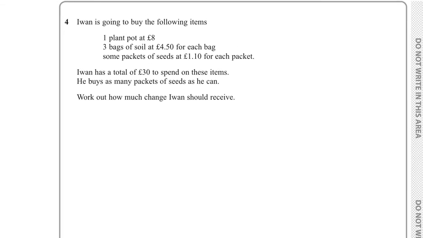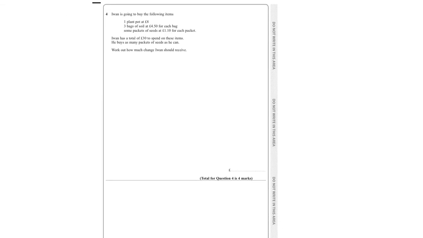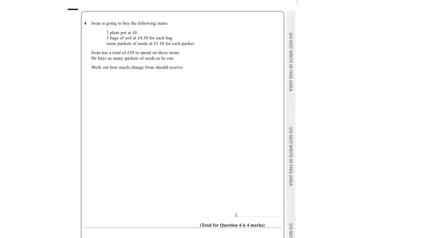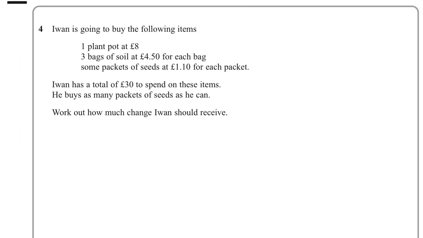Question 4. Iwan is going to buy the following items. Now, first of all, let's just check how many marks this is. 4 marks. Do we need to show all of our work in? Absolutely. So, he's going to buy the following items.